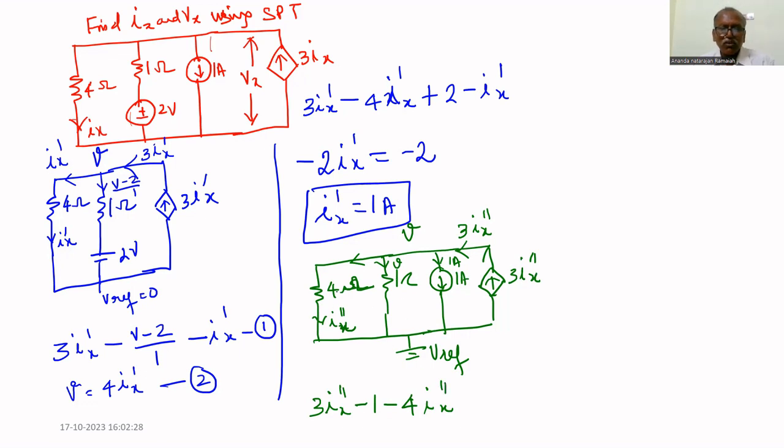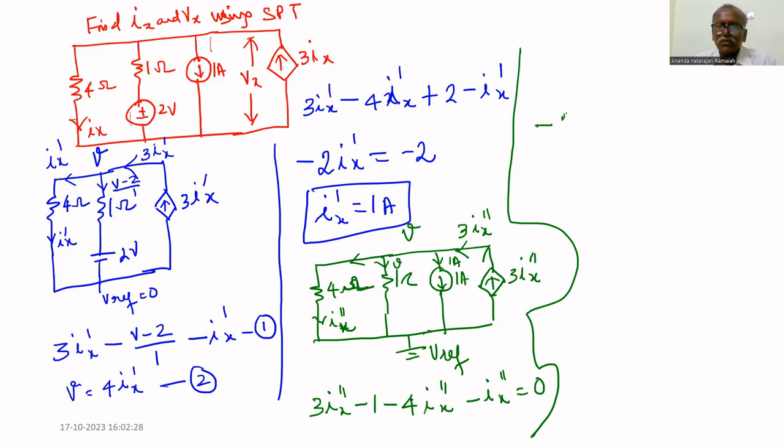Therefore, 3Ix double dash minus 1 minus 4Ix double dash minus Ix double dash equals 0, or Ix double dash equals minus 1 by 2.